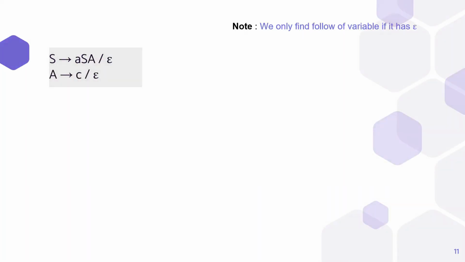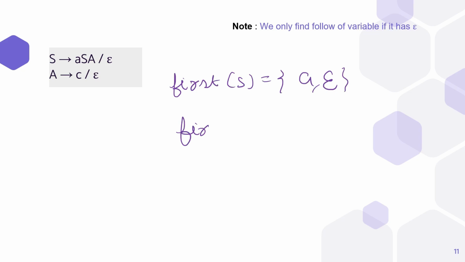Now let's take the third example. Here we need to find the first of S. First of S is A and epsilon. Similarly, the first of A is C and epsilon.